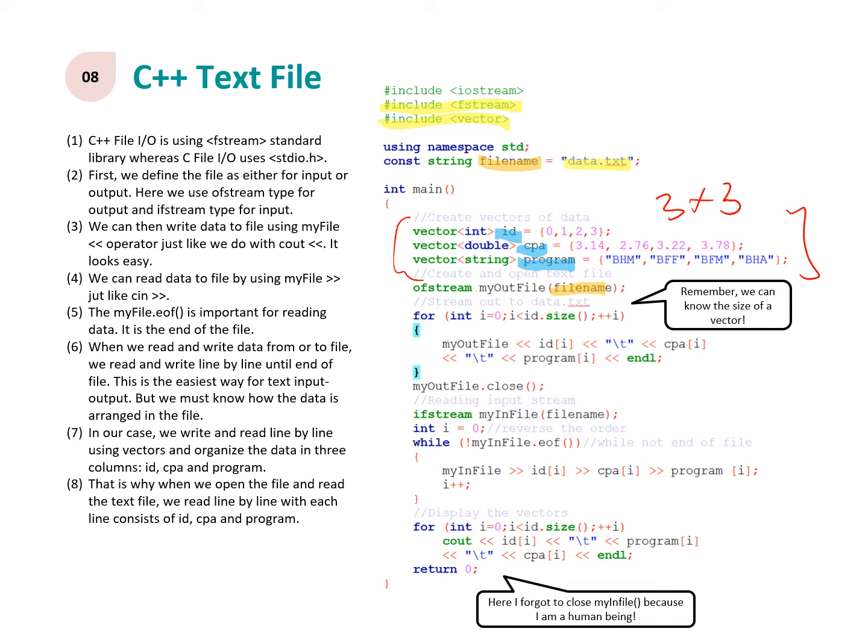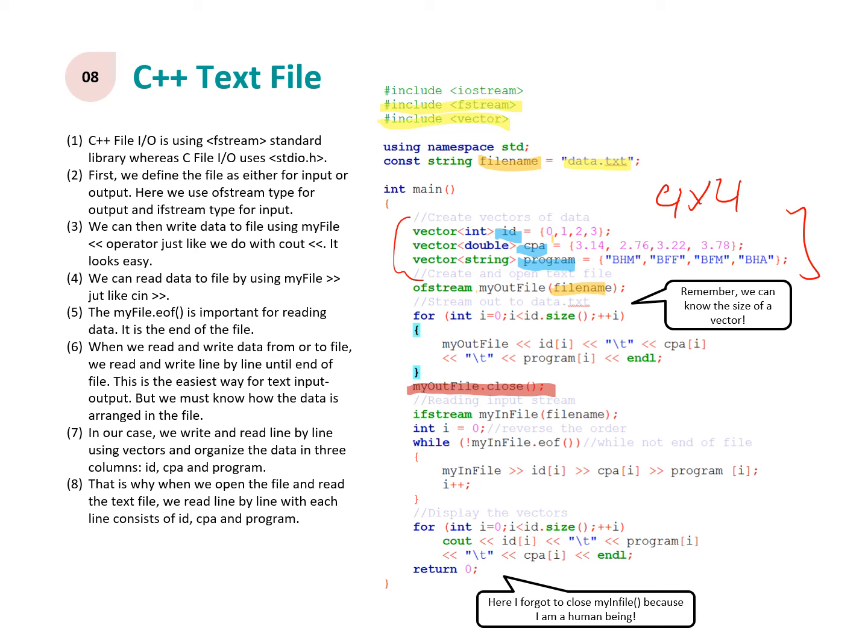And then you can use the for loop to store these values one by one. First is 0, 3.14, program BHM. Sorry, this is not 3 by 3, this is 4 by 4. My mistake. And then you have ID 1, and then the CPA 2.76, the program BFF. When you finish saving all your data to a file, you must include this. Remember, you must include this to say that this is the end of your writing to a file.